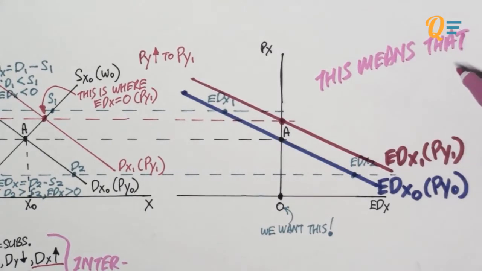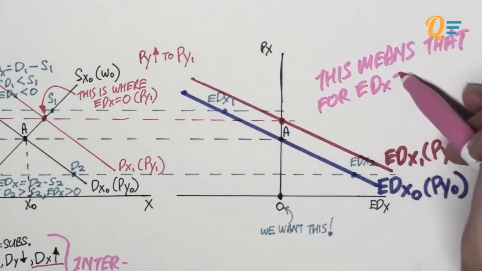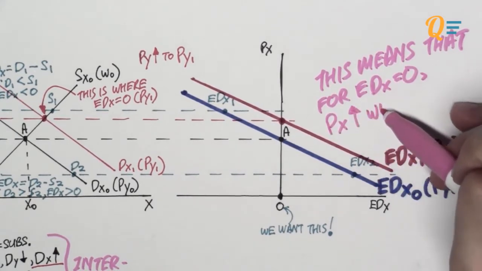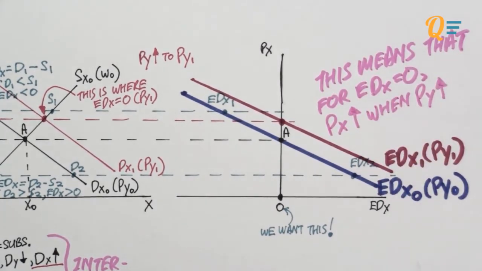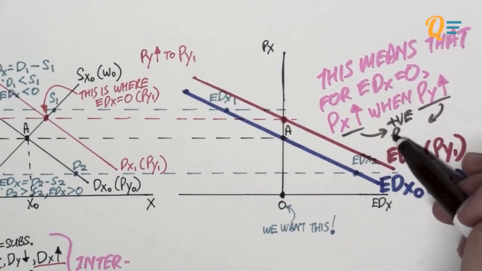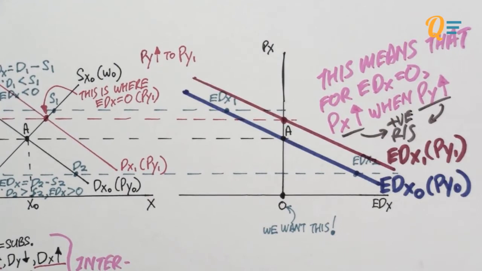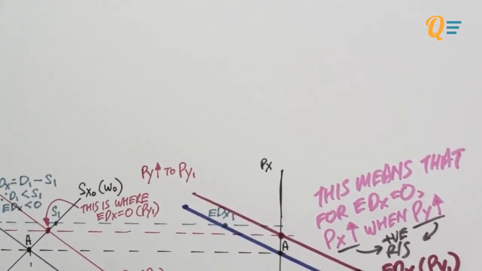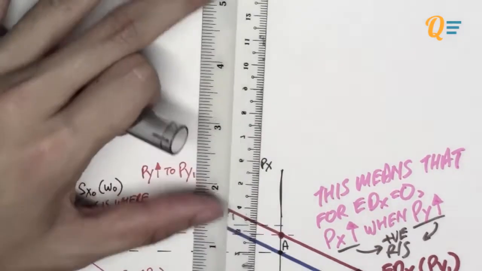What this means is that for the excess demand for good X to equal 0, the price of X must increase when the price of Y increases. As you can see, there is a positive relationship here between the price of X and the price of Y, just like we established in the mathematical illustration earlier.